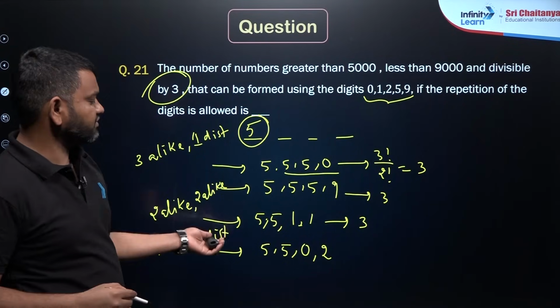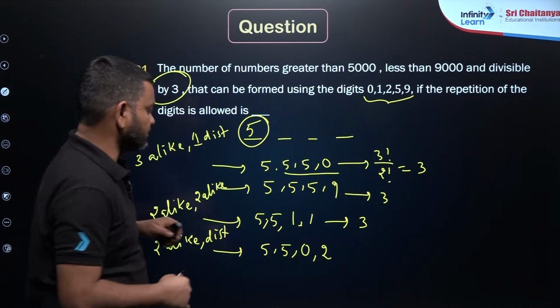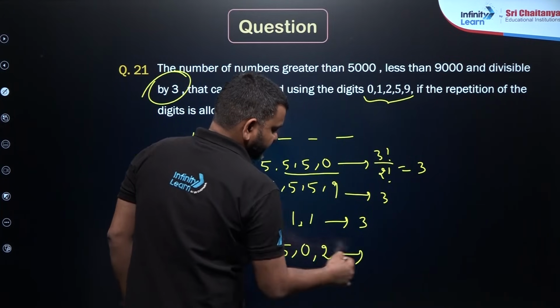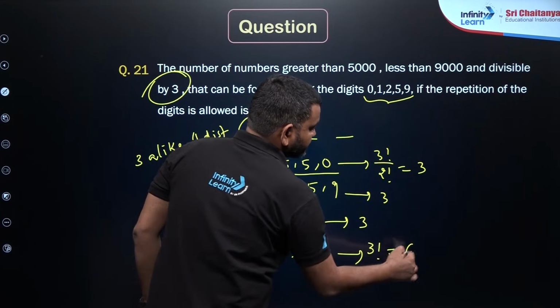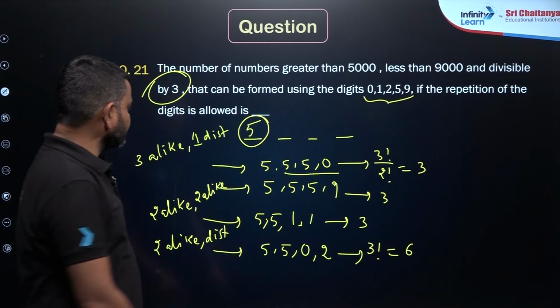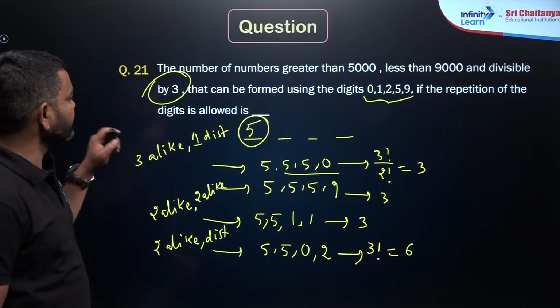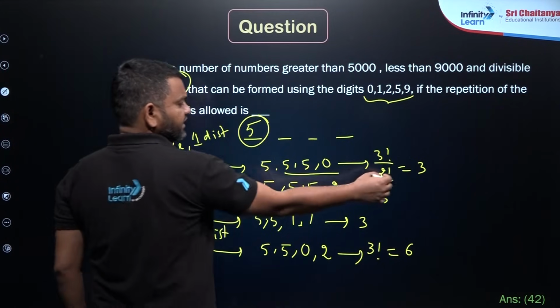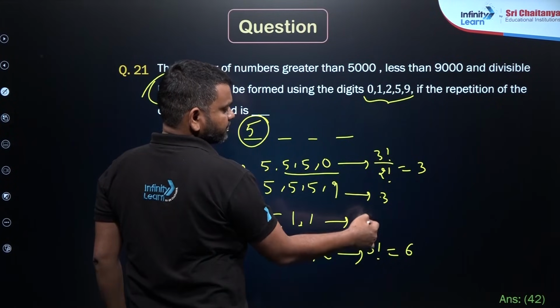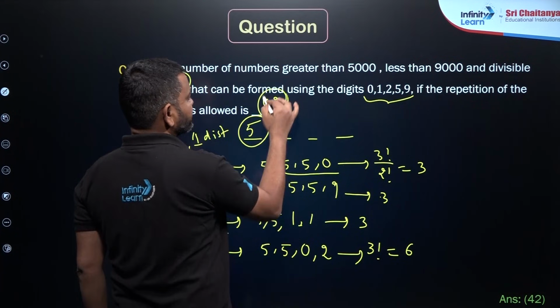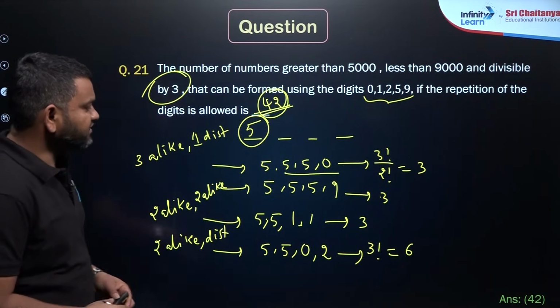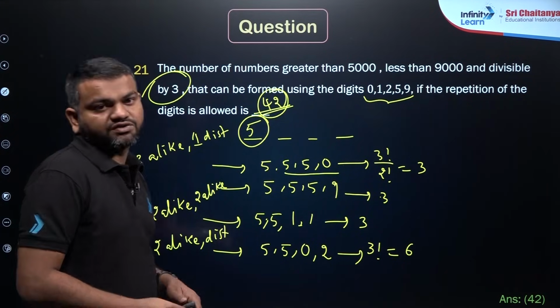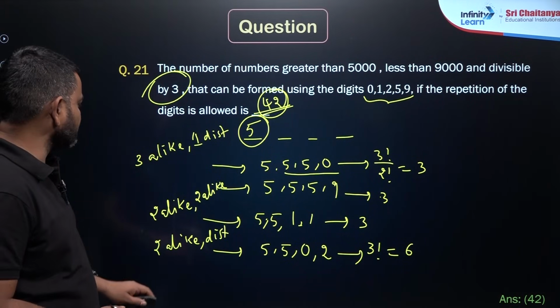So the sum of this should be equal to a multiple of 3. Here 3 different numbers, 3 factorial, which is going to be 6. Like this, choose the remaining cases also, write all the ways, and you will get the final answer. Check here, I already did it all up to 15, but you need to check the remaining few cases. Check the remaining cases, you need to get your answer as 42 there. Okay, this is the approach to solve this question.